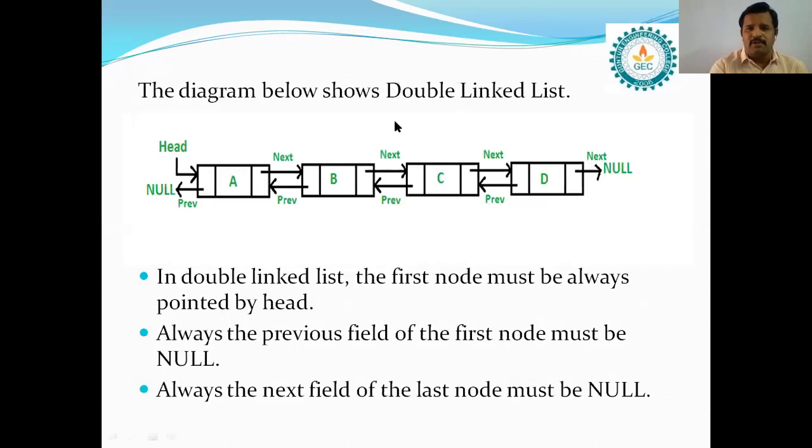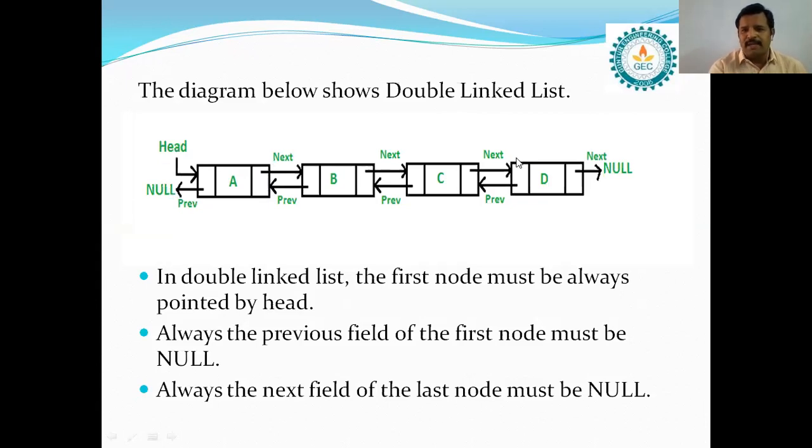Yes, this diagram below shows the double linked list. This is the first node, which contains three parts: the previous part, data part, and next part. The address of the first element should always be stored in the head pointer. Before A there is no other node, so the previous pointer contains the address null.